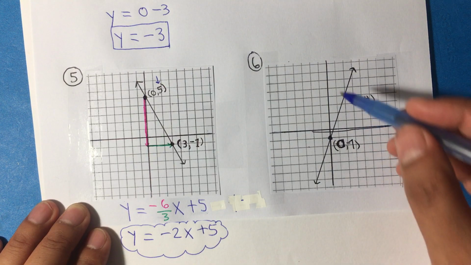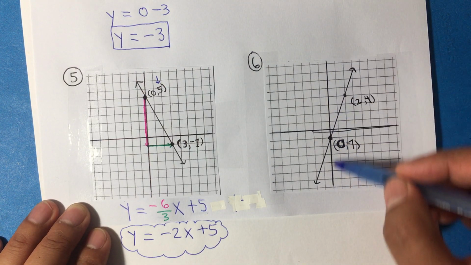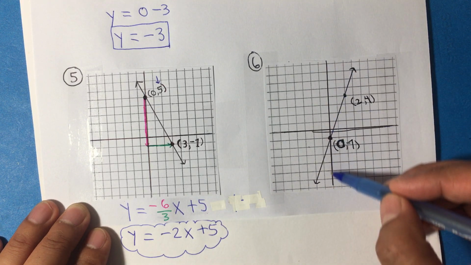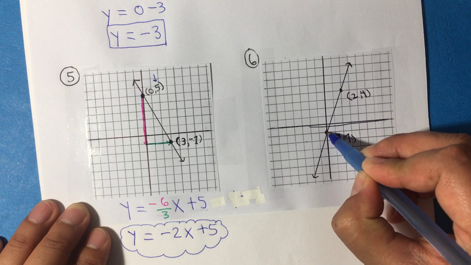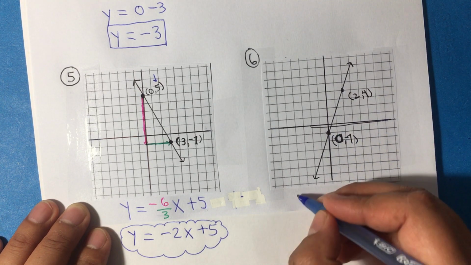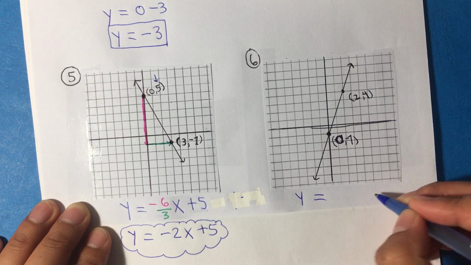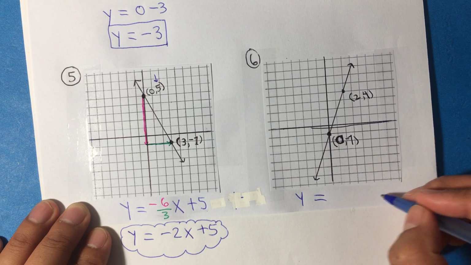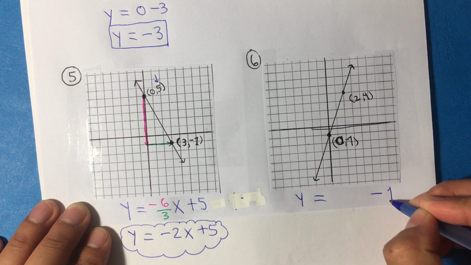For number 6, again, the initial point or y-intercept comes from the point that touches the y-axis. So in this case, it's 0, -1. So y equals the initial point, which is at the end, is -1, so I don't need the plus.